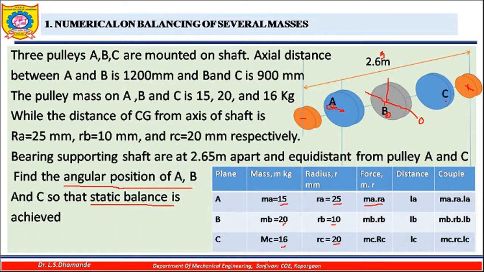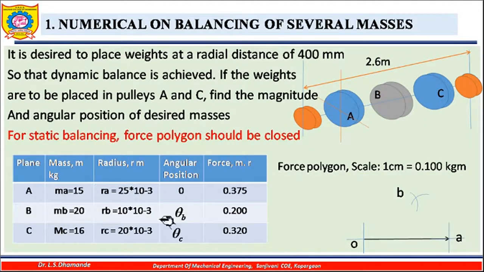Now it is also desired to place weights at a radial distance of 400 mm so that dynamic balance is achieved. It means you have to attach masses on these same pulleys at a distance of 400 mm.